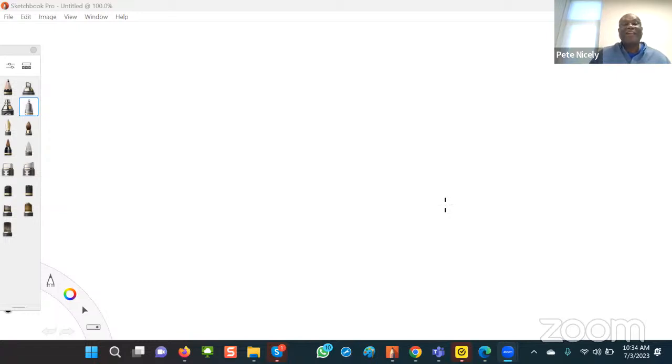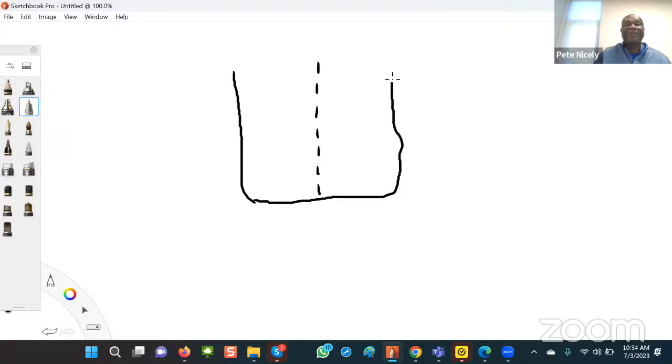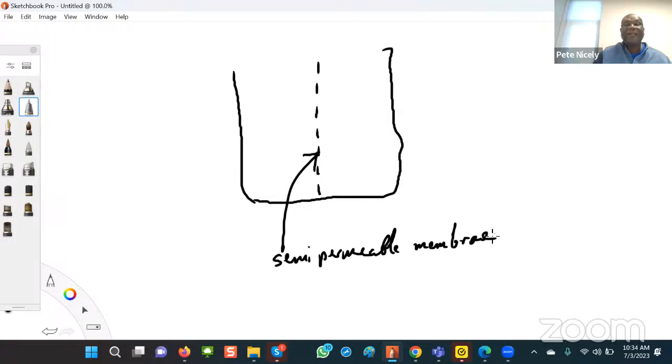Okay, so the whole idea behind osmosis is that if you have this kind of hypothetical situation where you have 2 solutions separated by what is called a semi-permeable membrane, right? So this is called a semi-permeable membrane, right?